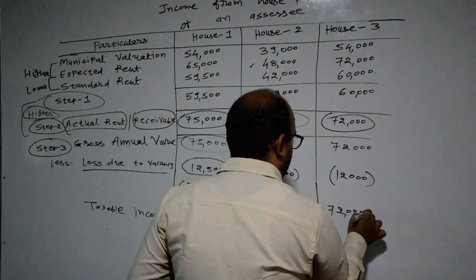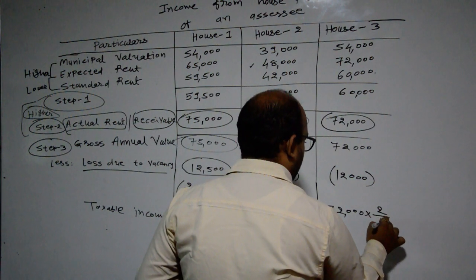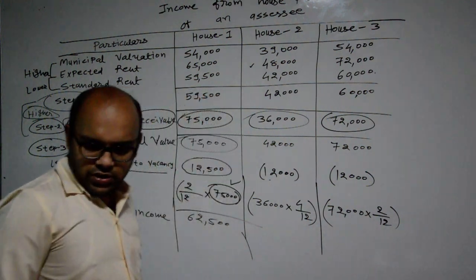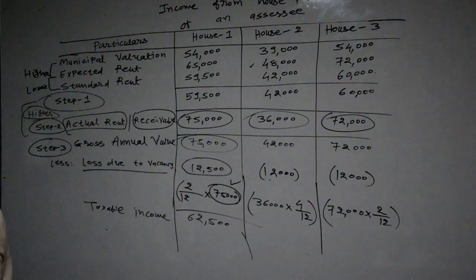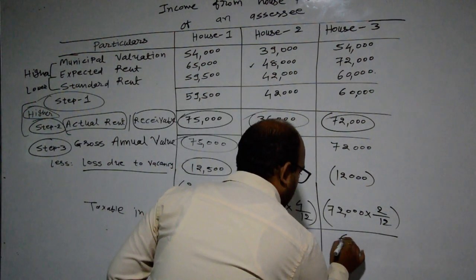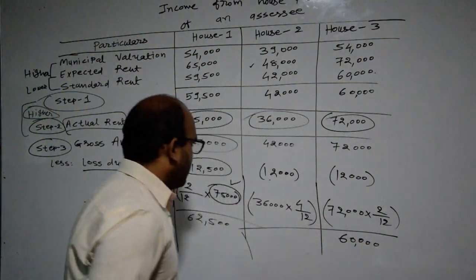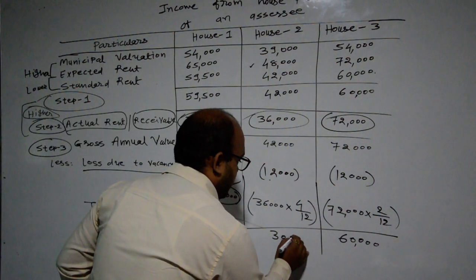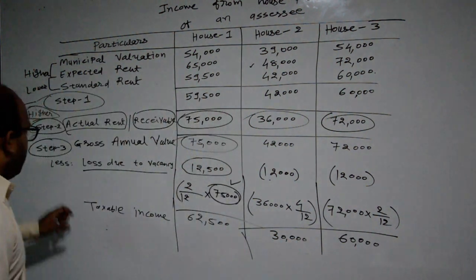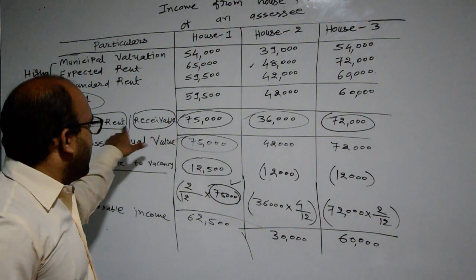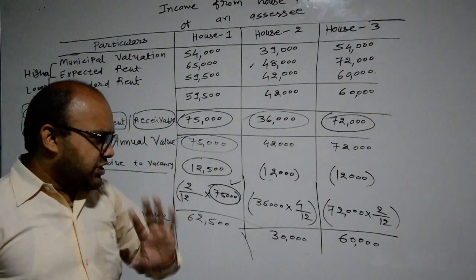72,000 multiplied by 2 months vacancy, 2 by 12. So 72,000 minus 12,000 means 60,000 rupees. Here the taxable amount will be 60,000, and here the taxable amount will be 30,000. Please check that loss due to vacancy will be calculated on the basis of actual rent received or receivable.